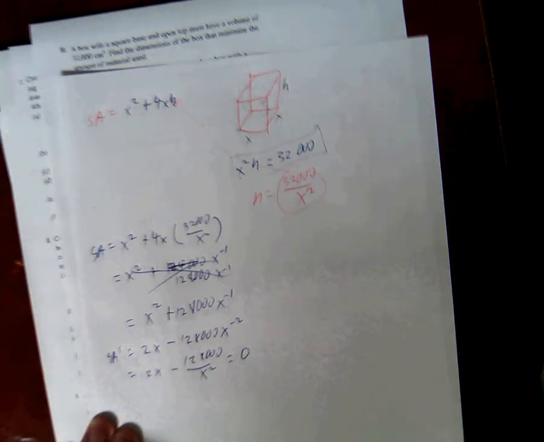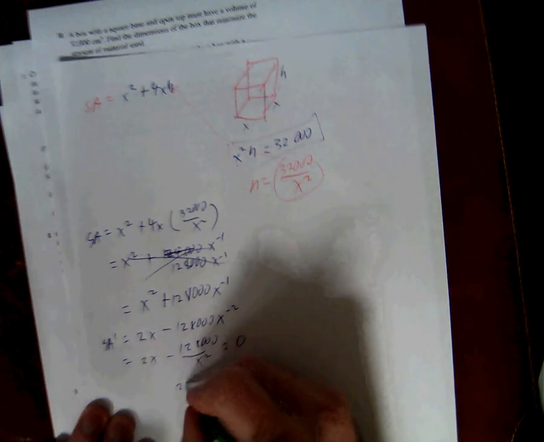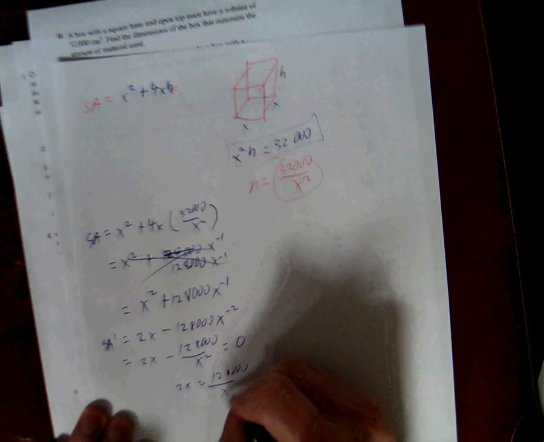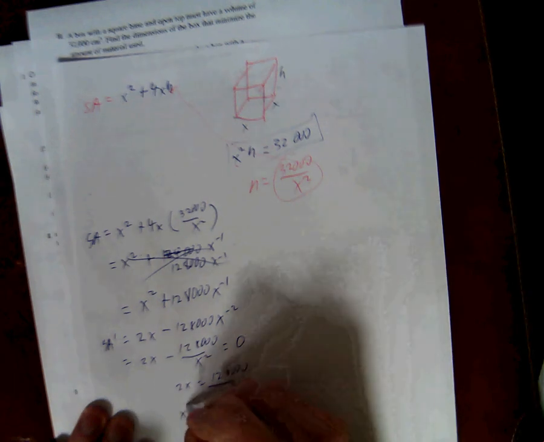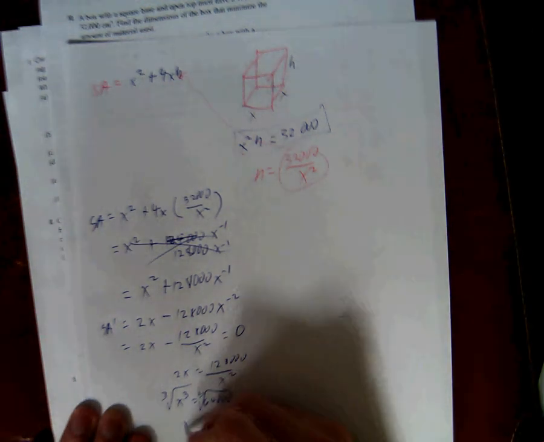I'm going to find out where that equals 0. So 2x equals 128,000 over x squared, and I end up with x cubed equal to 64,000. That actually works out nicely. Take the cube root of that, and so x is equal to 40.